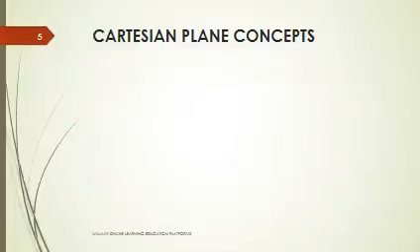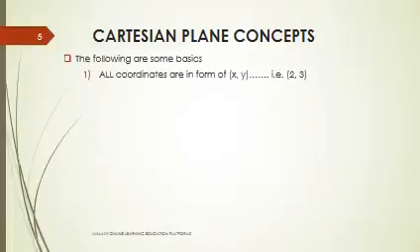Let us look at Cartesian plane concepts. Of course these concepts can be looked at from form 1 or form 2, but it's the most important part when it comes to inequalities. The following are some basics: all coordinates are in the form of x and y.